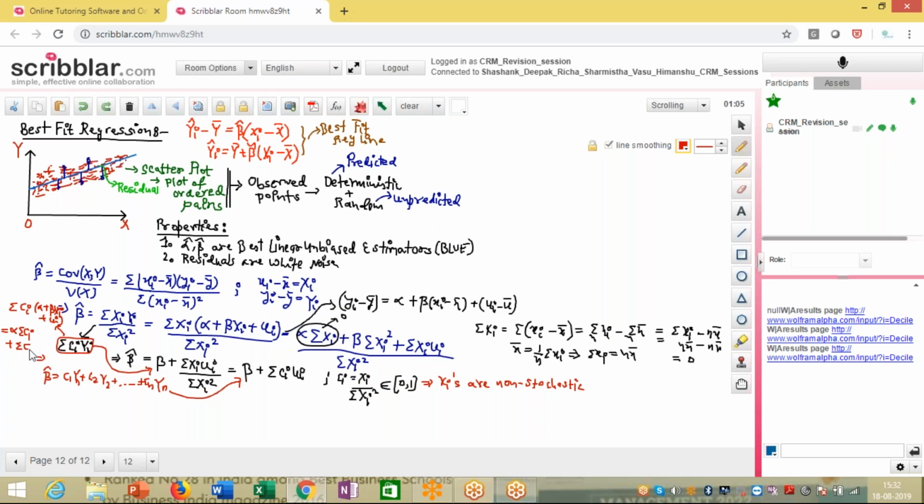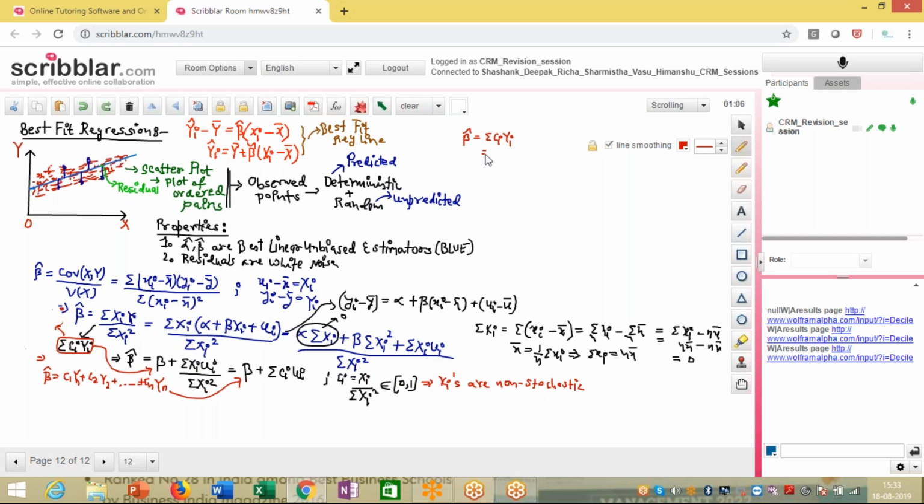Okay, hold on, I'll write it separately. See, over here what I'm saying is that beta hat is equal to summation Ciyi. You get this part, right? What is Ci? Ci is nothing but xi by summation xi square.